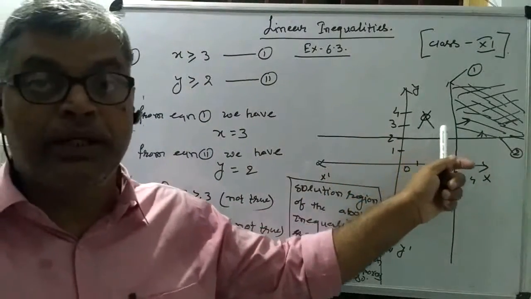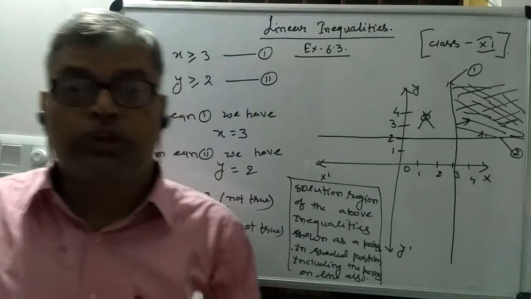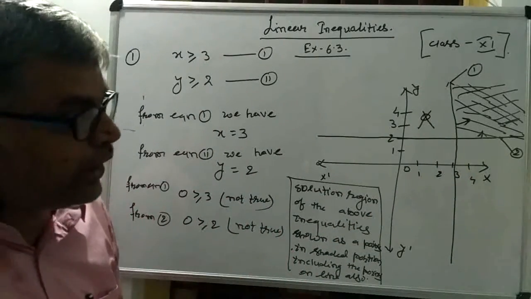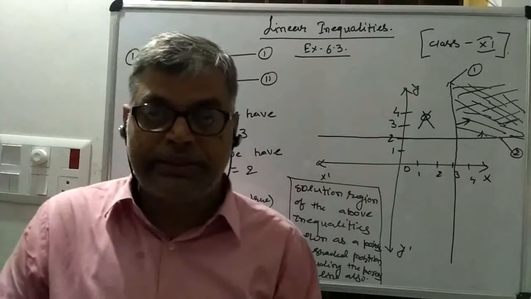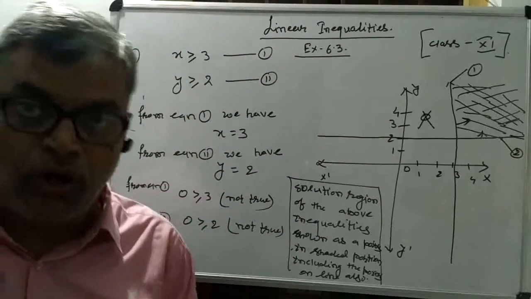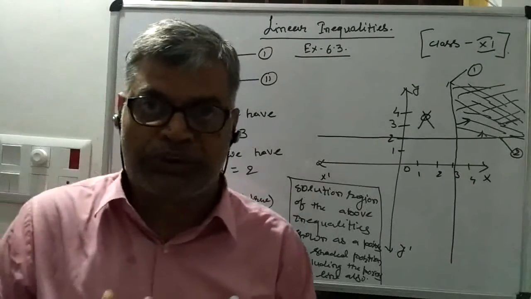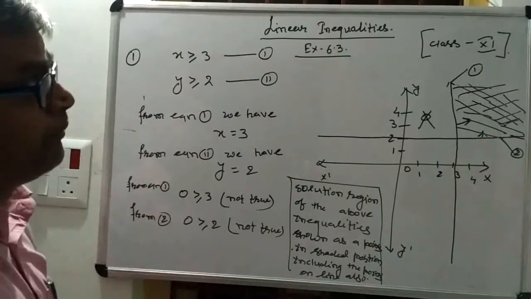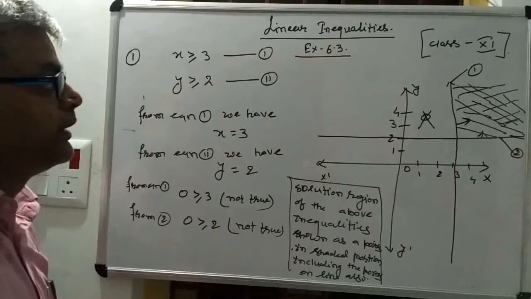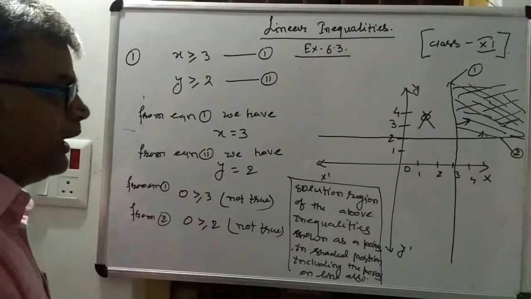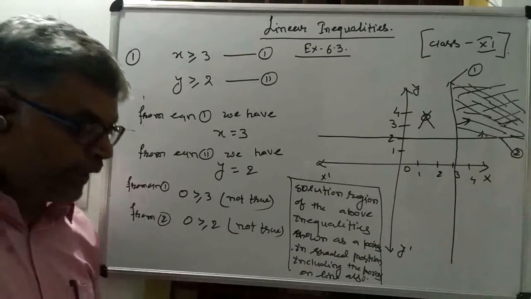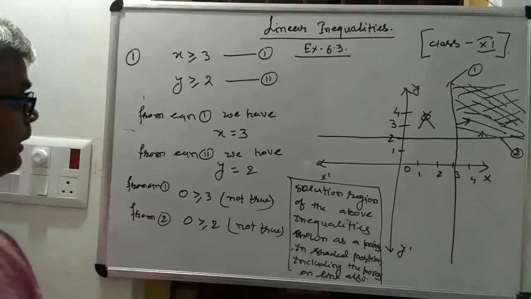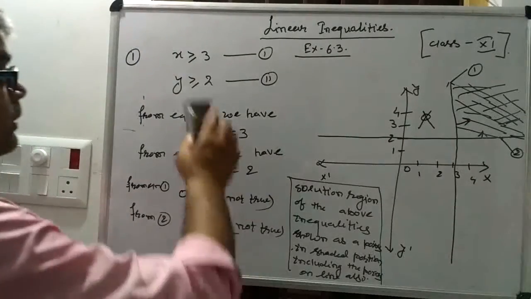So this will not be your solution region. Your solution region will be the region which satisfies all the inequalities given in the question. So in this way you have to solve whenever there is a question with multiple inequalities. As you see in this question, I think you have understood it. Now let's take some more questions.